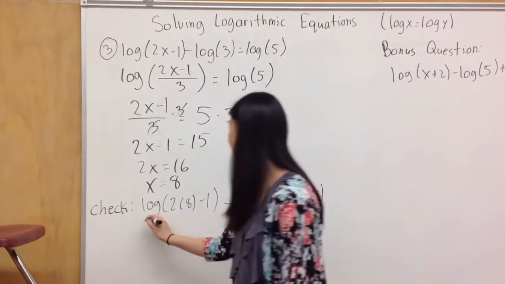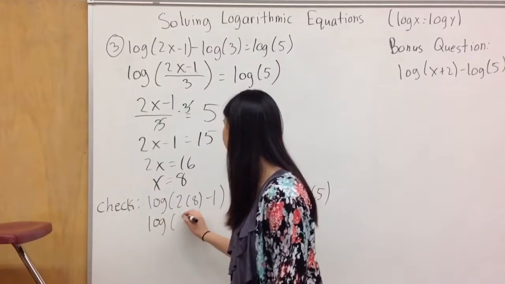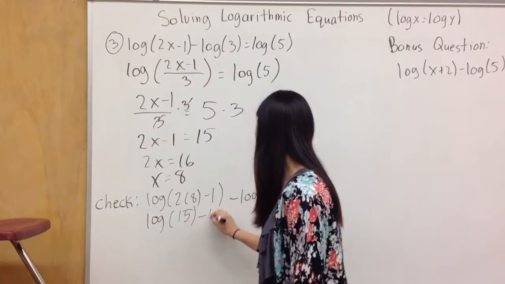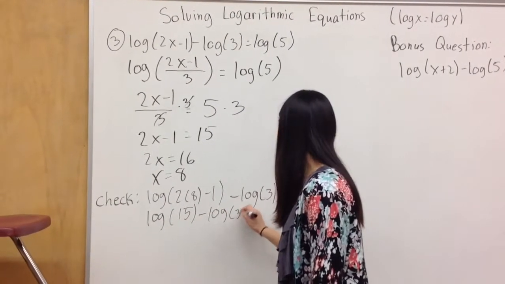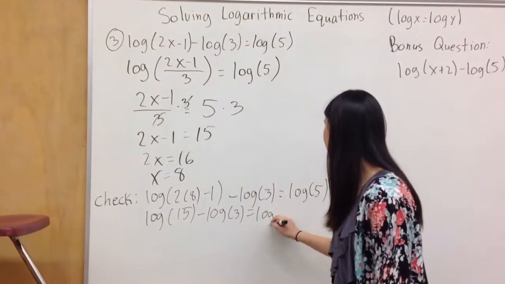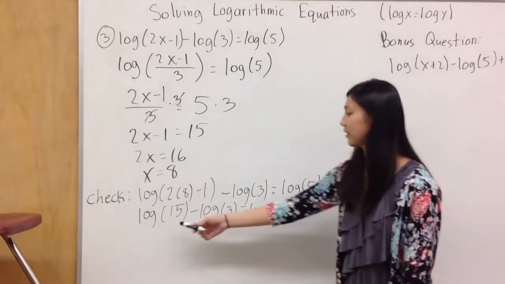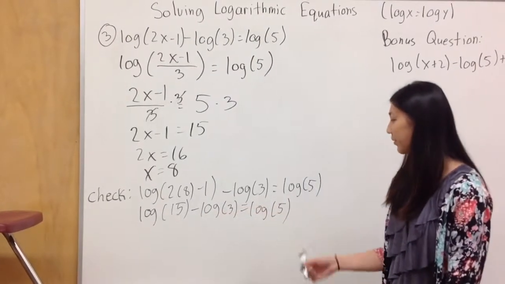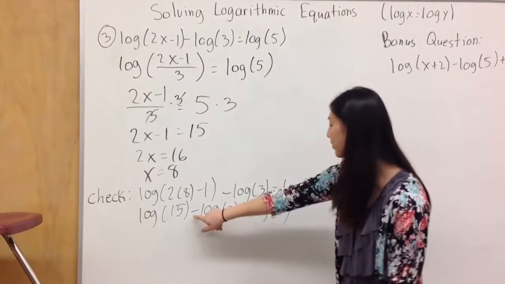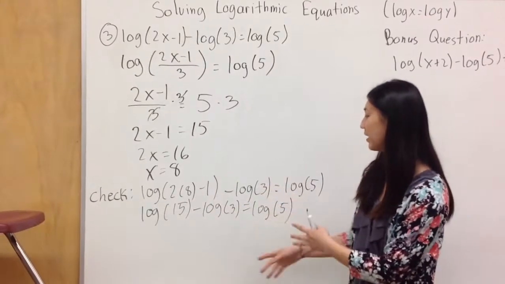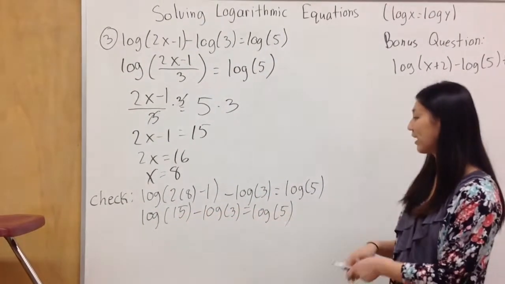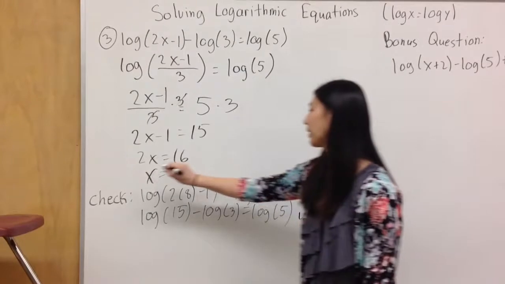So here we have log of 15 in total, minus log of 3 is equal to log of 5. So here you can notice everything is in the domain. So we look good on that. Again, we're subtracting, so when we condense it, we're dividing. 15 divided by 3 is 5. So this one does work, so 8 is our answer.